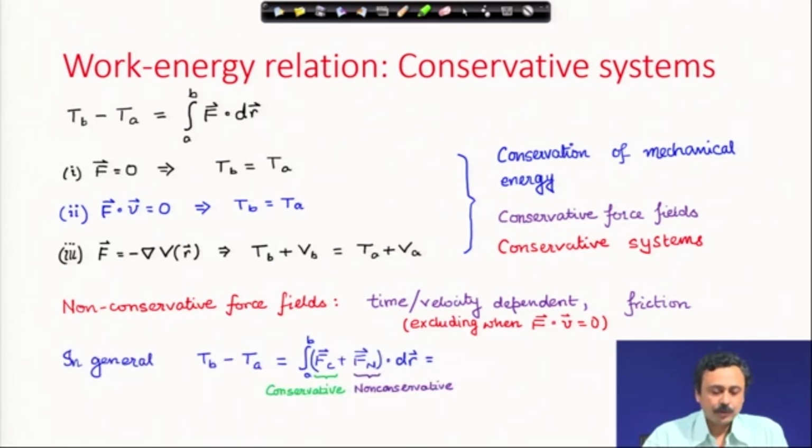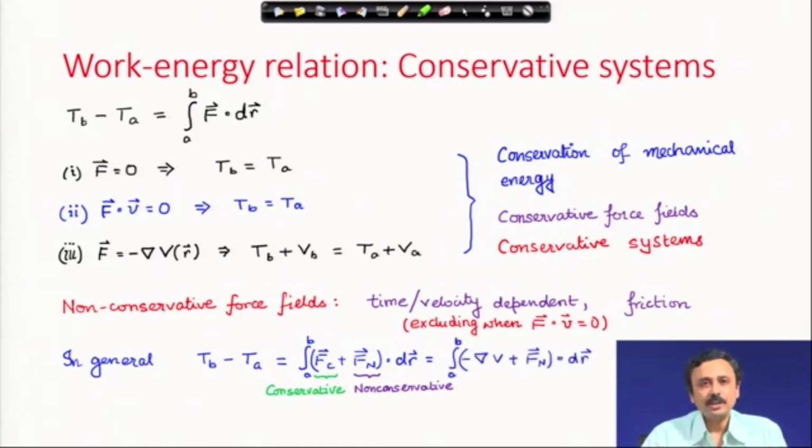In general, therefore, the change in kinetic energy is the integral of the conservative and the non-conservative force fields, the sum of them, because the total force field can be divided into two parts: the conservative force fields and the non-conservative force fields, and the total force field is the vector sum of these two.